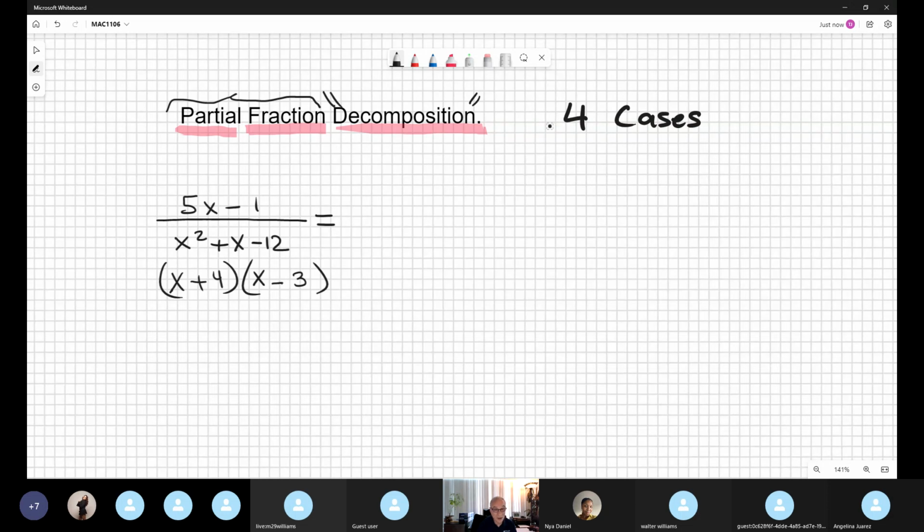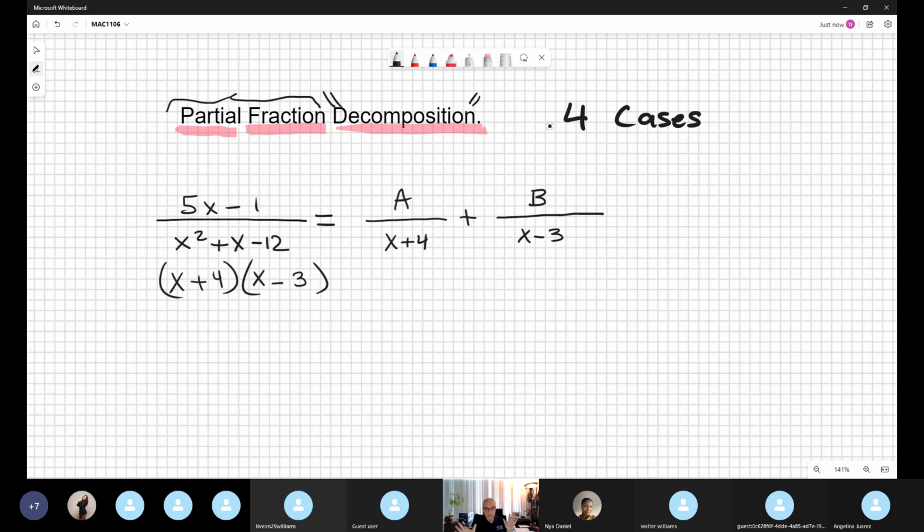The sign is obviously positive and negative. So what is the goal? The goal is to separate this complicated, well, a little bit more complicated expression into 2 partial fractions. Suppose x plus 4 is one factor separately, and x minus 3. But you have no idea what the top part is. So in order to find the top part, you call them A and B. If there are more partial fractions, you call them A, B, C, D, E, and so on.